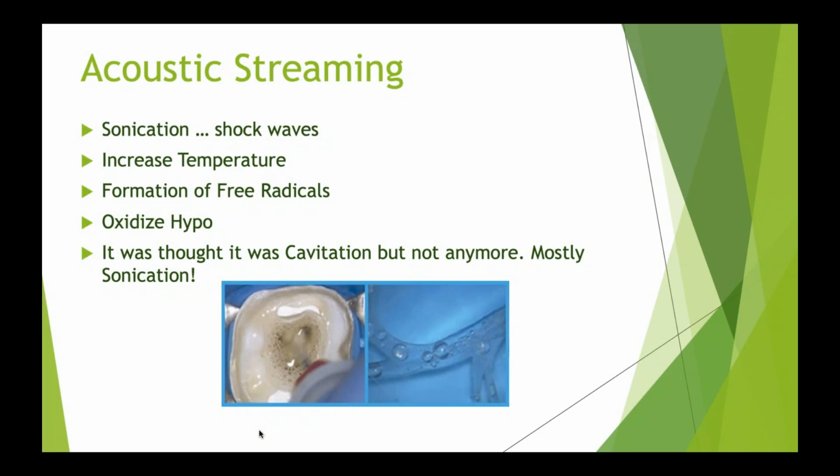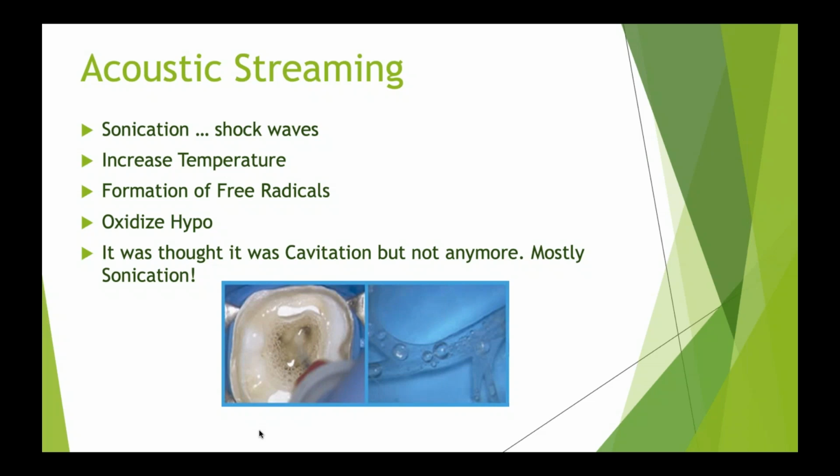There's also what we call acoustic streaming, and this is more of a sonication. It's a shock wave in the sense where you utilize your ultrasonic. If you put an ultrasonic tip on your ultrasonic handpiece, then you introduce your solution, then you take your ultrasonic handpiece down into the canals and you activate it by turning on your ultrasonic device, then you get much more movement of the actual solution itself, but it also allows the formation of free radicals.